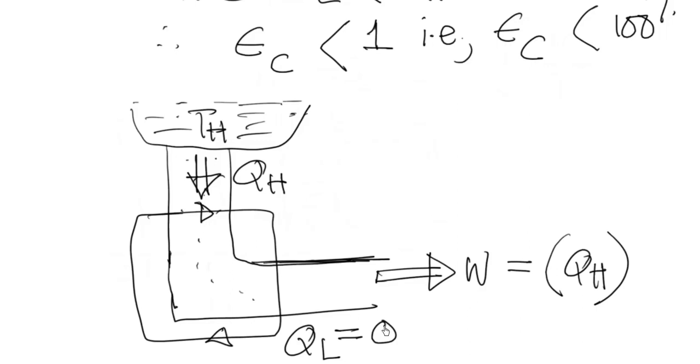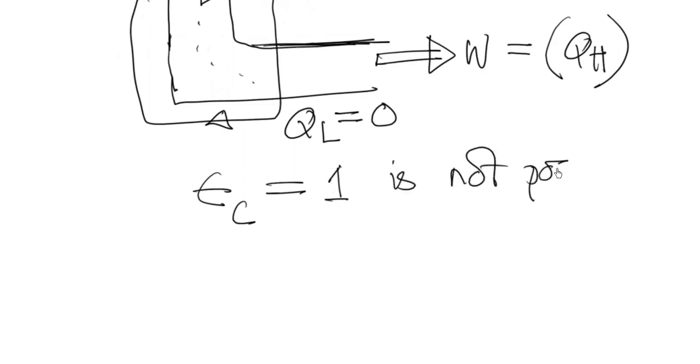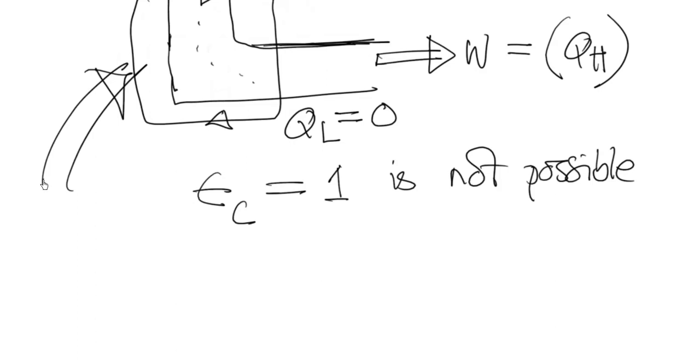It is not possible to achieve 100% engine efficiency. That is, epsilon C equal to 1 is not possible. This is the inventor's dream.